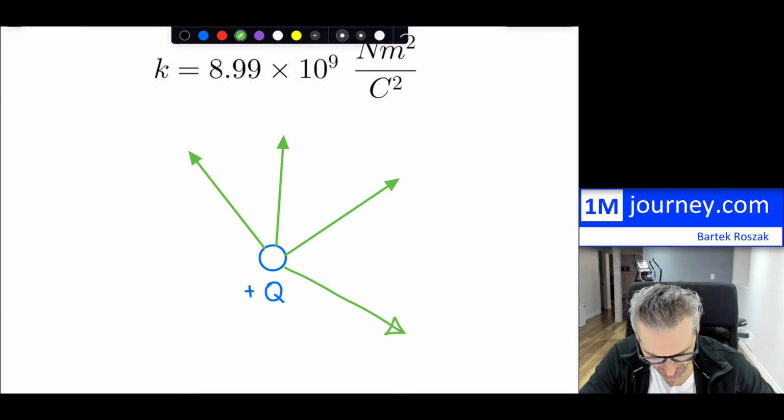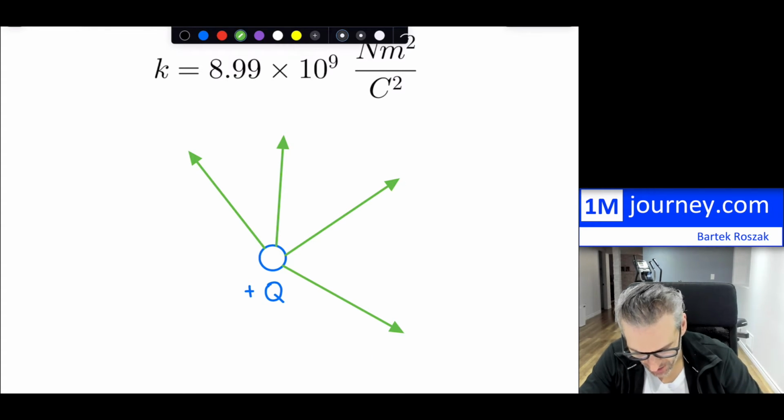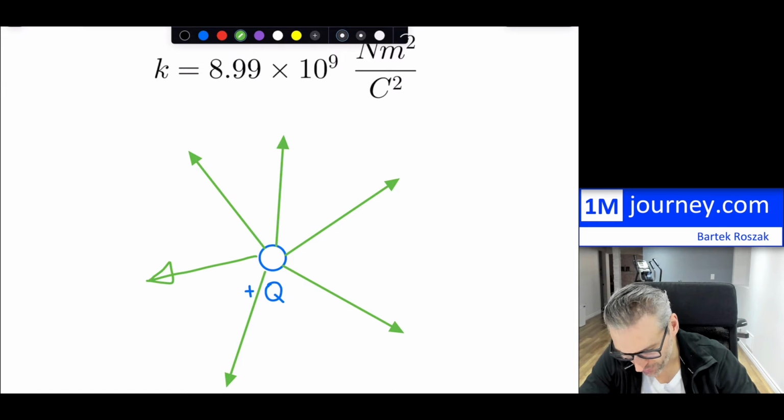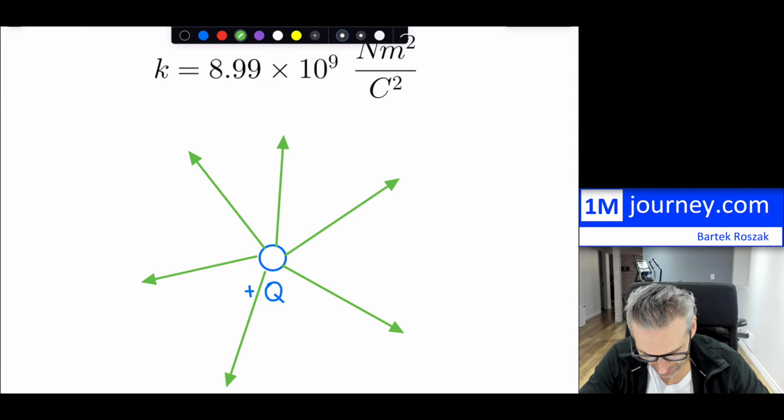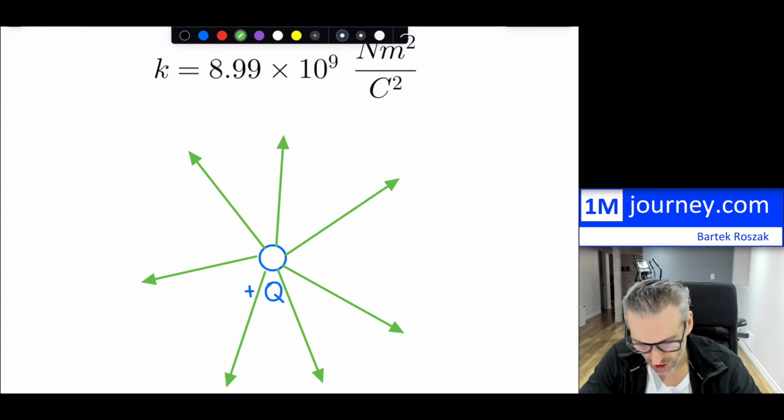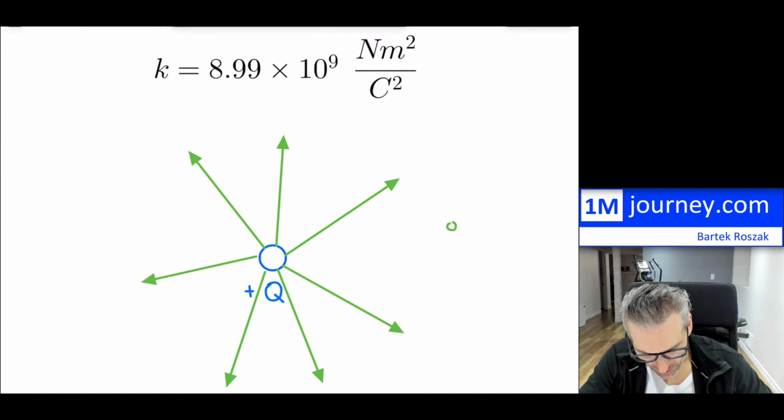This is very much like the gravitational force field that you had done. Now, of course, I can keep going, and I think you get the gist that no matter where I would put that test charge, it would always be getting pushed away, as long as, of course, it's positive.